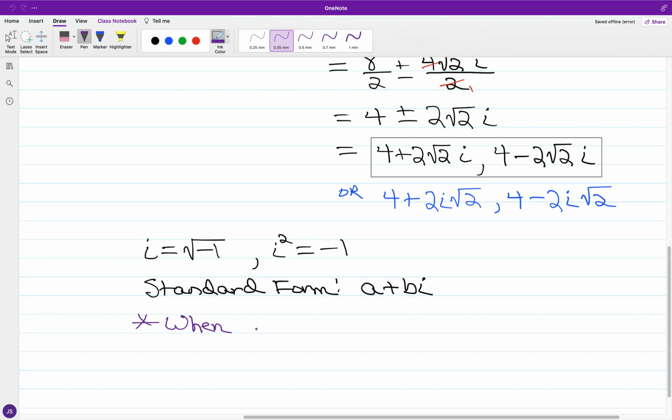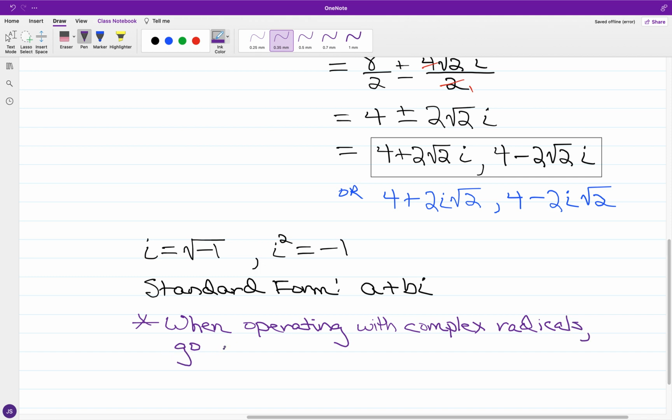Whenever you're operating with complex numbers, or in this case when we're operating with complex radicals, go ahead and write the radicals in terms of the letter i.